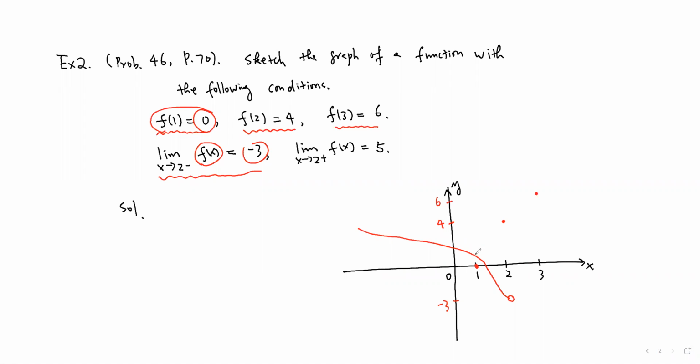This point on the graph is not the function value. Function value at 1 is 0. Function value is here. So let me put an open dot here. Open dot means that point is not the function value at 1.